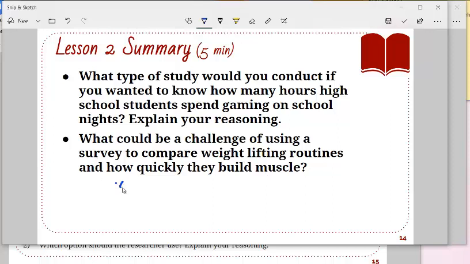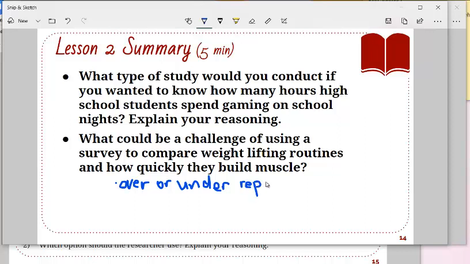They might over or under report information about their routine that they're using, or how much muscle they feel like they're building. And so that over or under reporting in a survey means that there might not be the most reliable data. Okay, so over or under reporting is going to be a pretty big issue on this one.